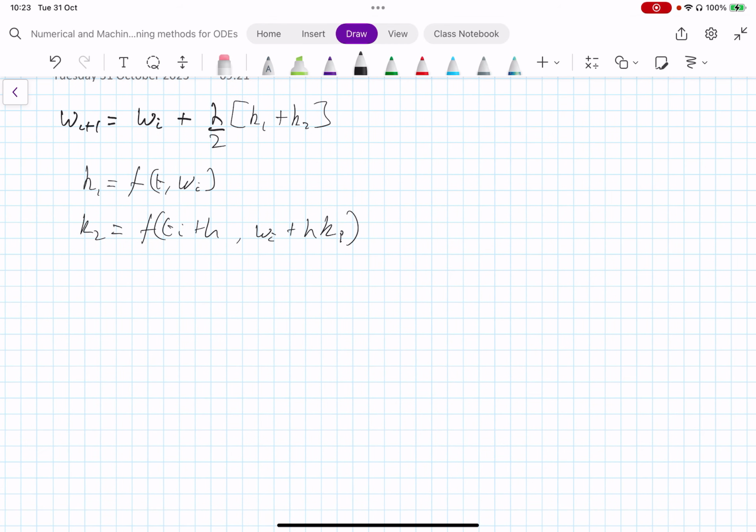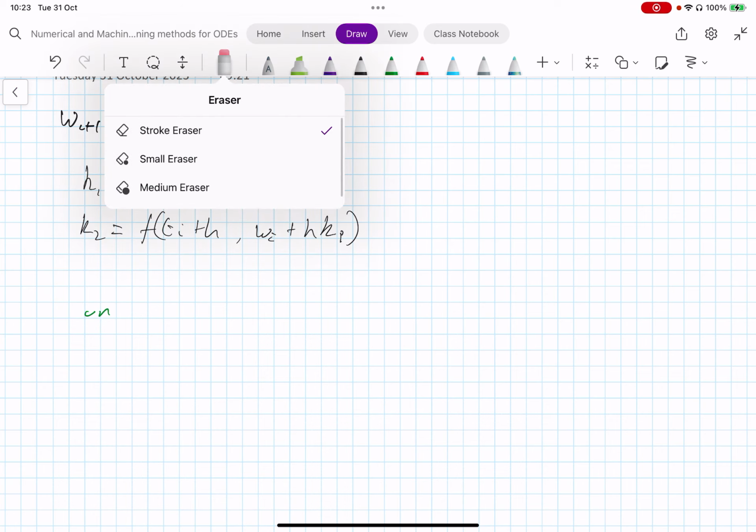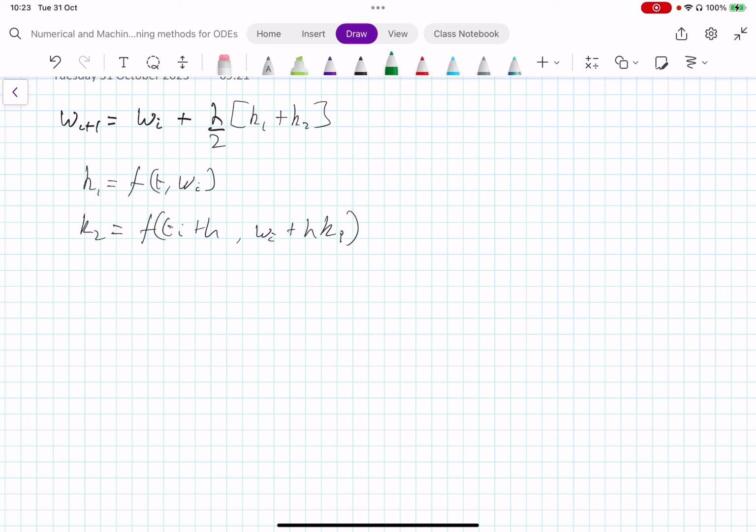So once again, in our specific scenario, the Heun future point is equal to the Heun current point plus 0.5 divided by 2, k1 plus k2.